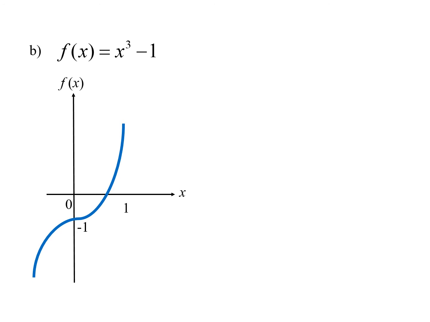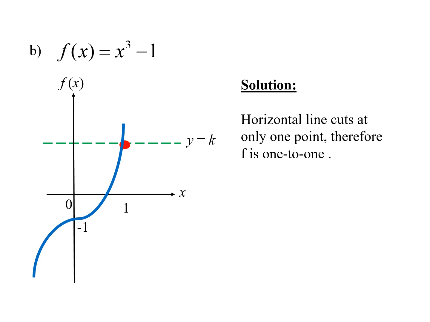To determine whether this graph is one-to-one or not, we use horizontal line test. We draw line y equals k, and we notice that horizontal line y equals k intersects the graph at 1 point. So therefore, f is a one-to-one function.